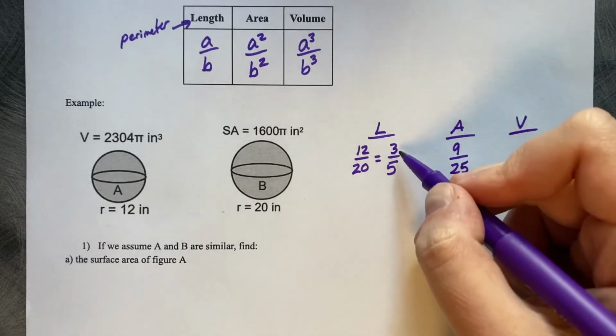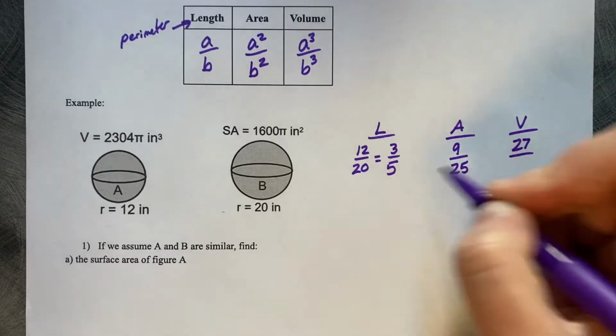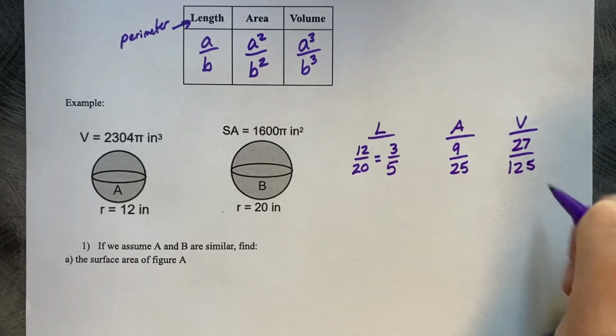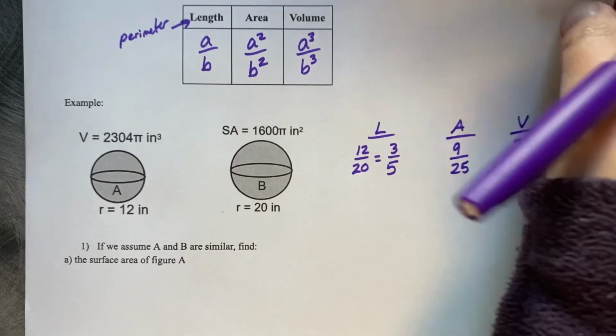And then the volume relationship is going to be 3 cubed over 5 cubed. 3 times 3 times 3 is 27, and 5 times 5 times 5 is 125. So now we can use these relationships to set up proportions to solve for missing pieces.